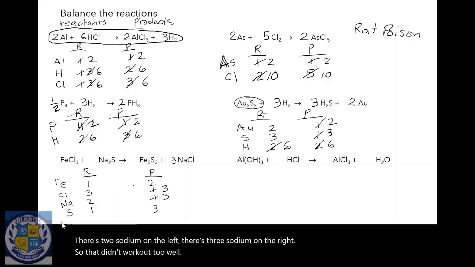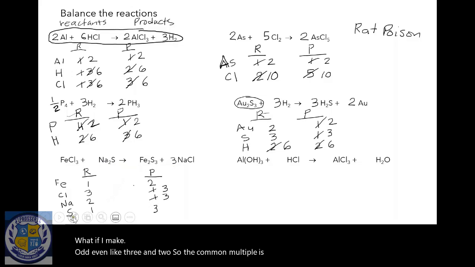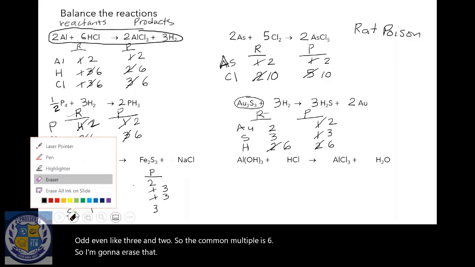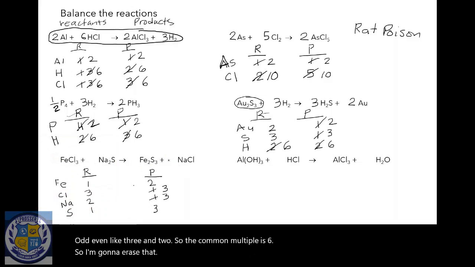What if I make, odd even, like 3 and 2? So the common multiple is 6. So I'm going to erase that. Okay, so I'm going to put a 6 here. Let's see if that works.